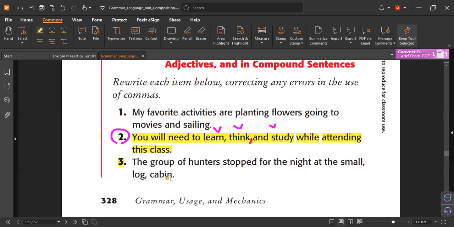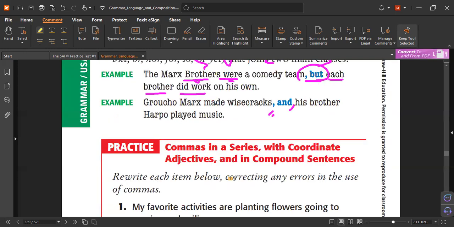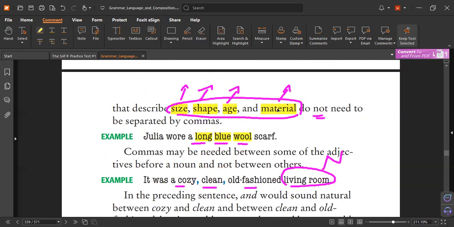Look, size or not, yes; material or not, yes. So your job is just to memorize these. We have a lot, but this is the most common: size, shape, age, material. If you'd like to make it S, A, M, just as you like. Some people make it Saja, but don't care, just memorize it.